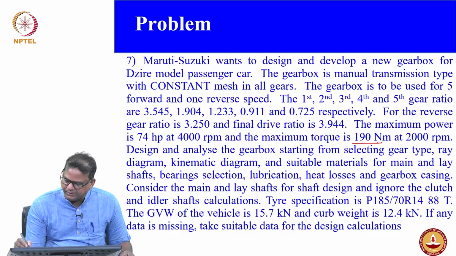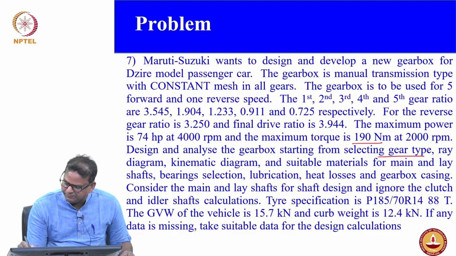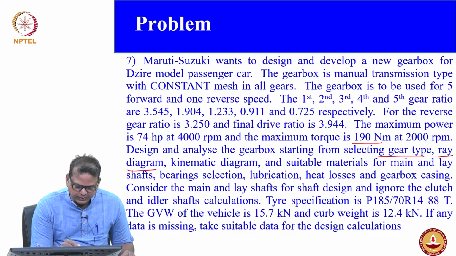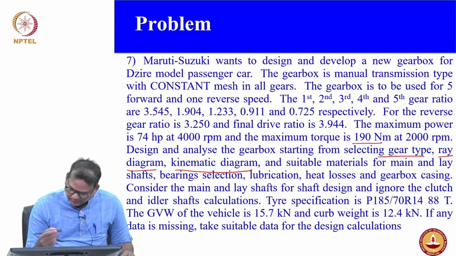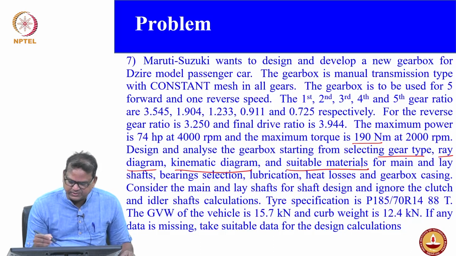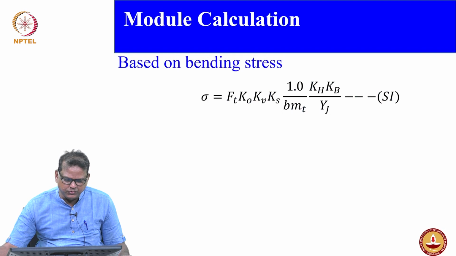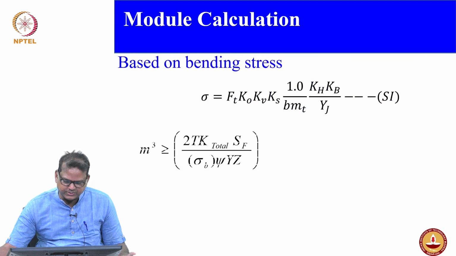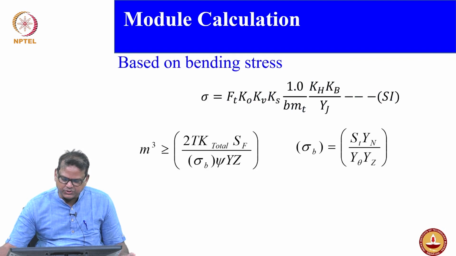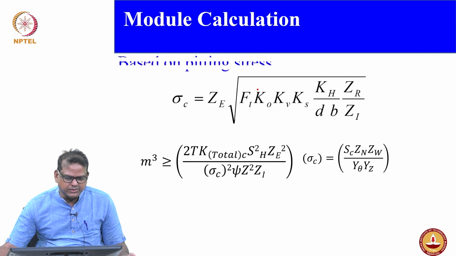We have done the ray diagram, selected the gear type, done the kinematic diagram, and also the suitable materials. Now finally we are in the model calculation aspect, and this is the equation we have used based on the bending aspect, and also based on the pitting aspect.